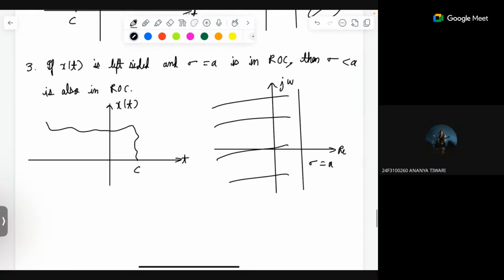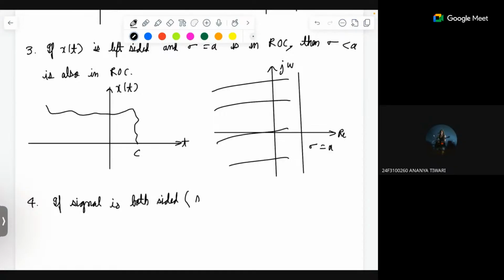Now the fourth one is if signal is both sided. What does both sided mean? It extends from minus infinity to infinity.